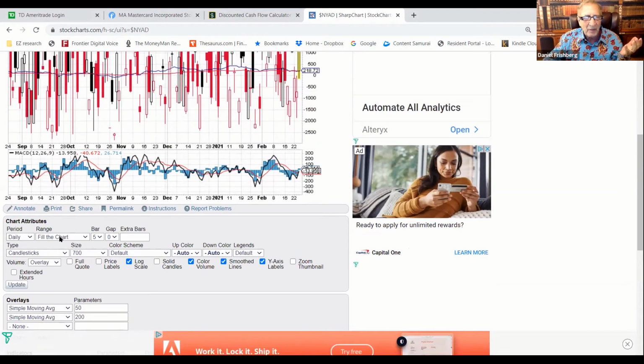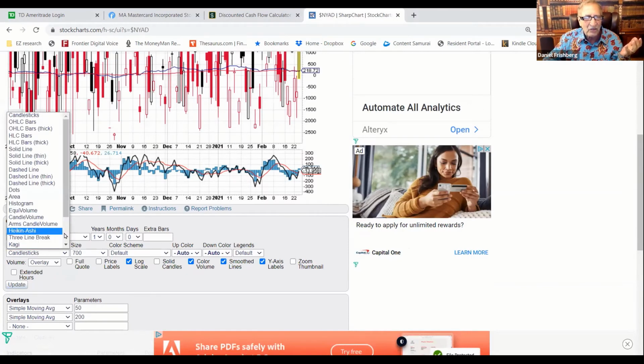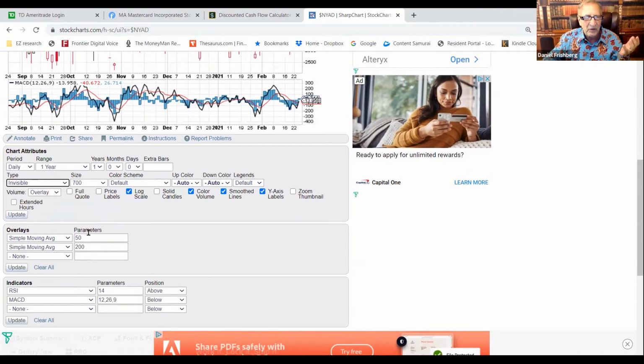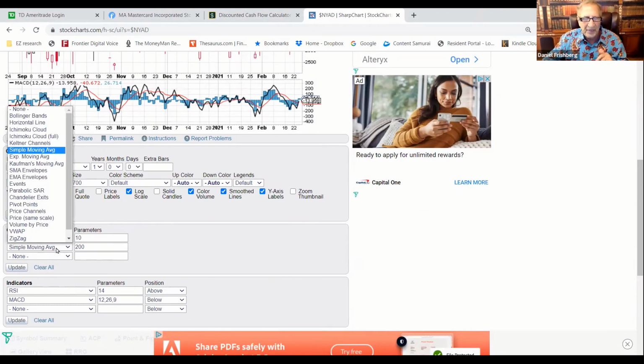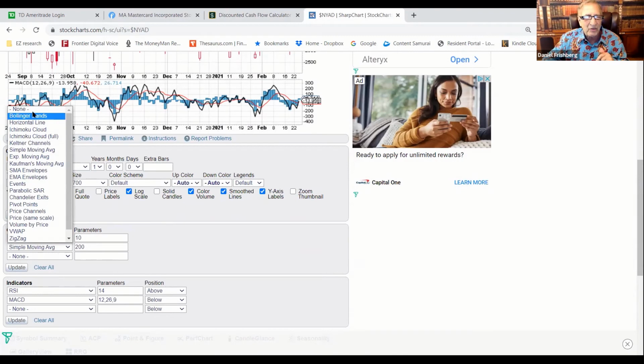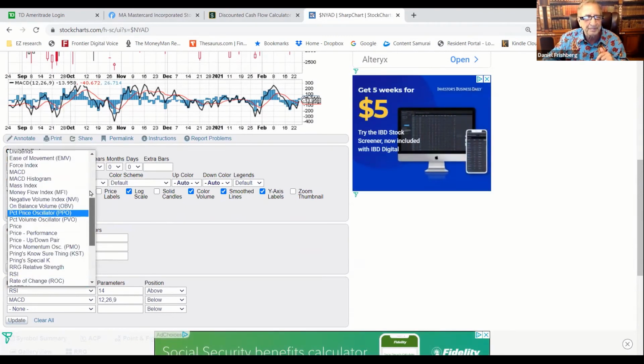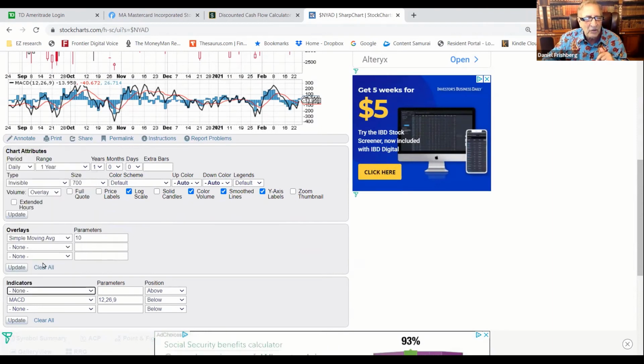So here it is. I'm going to say 1 year, one more time. I'm going to make the candlesticks invisible because I don't want to see the daily thing. It's confusing. I'm going to change this to a 10-day moving average. By the way, sometimes it's worth it to look at the 30-day moving average as well, but I'm going to get rid of the other stuff just to make it simple.